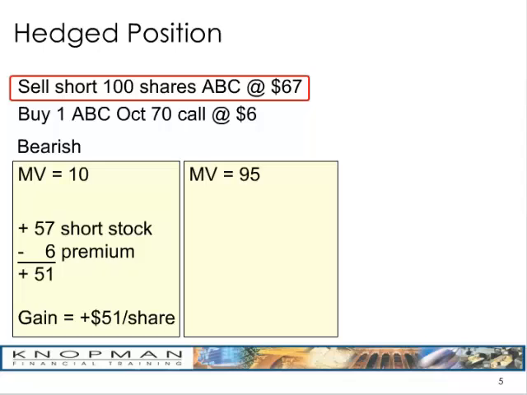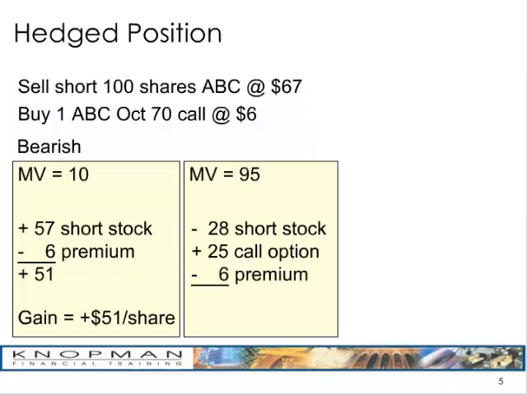On the call, we have the right to buy the stock for 70. Do you want to buy stock for 70 if it's worth 95? Absolutely. The option is in the money. So we buy the stock for 70. It's worth 95. We make $25. So here's what happens. We lost 28 on the short, first position. We made 25 on the call, second position, and we paid a $6 premium.